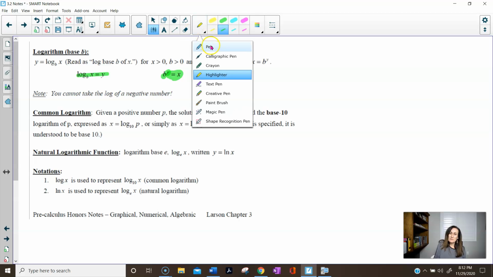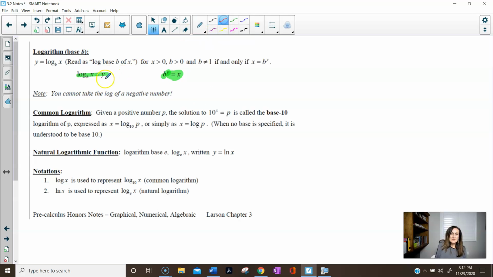So that's how you rewrite it in exponential form. A logarithm is always equal to an exponent. In exponential form, b is the base, y is the exponent, and x is equal to the answer.